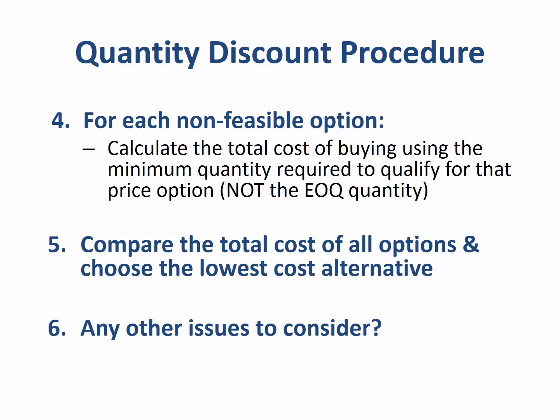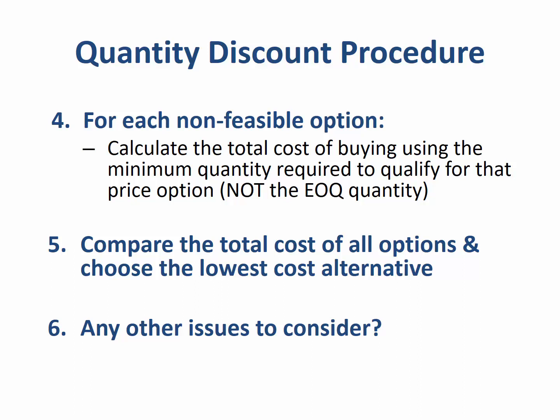But this time, I'm not going to use the EOQ quantity in my computation. Instead, I'm going to use the minimum quantity that would qualify me for that price option. In step number 5, I'm going to compute the total cost for all options, regardless of whether they are feasible or not, and we're going to choose the lowest cost alternative of all of them. Finally, in step number 6, we're going to look at other issues that may be more qualitative in nature, but are also important and relevant to our decisions.